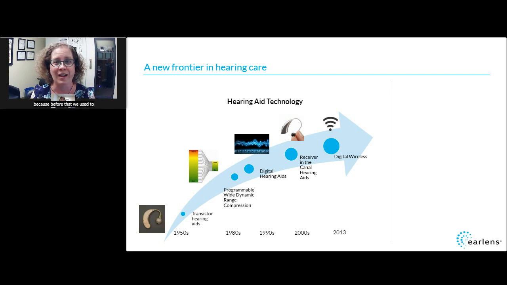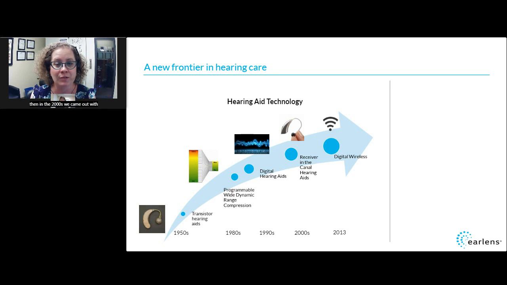Because before that, we used to have to open up a little door on the top of a hearing aid and use a screwdriver to turn little gadgets called a potentiometer. So we've come a long way. And then in the mid 90s, the first digital hearing aids came out on the market back in 1994.